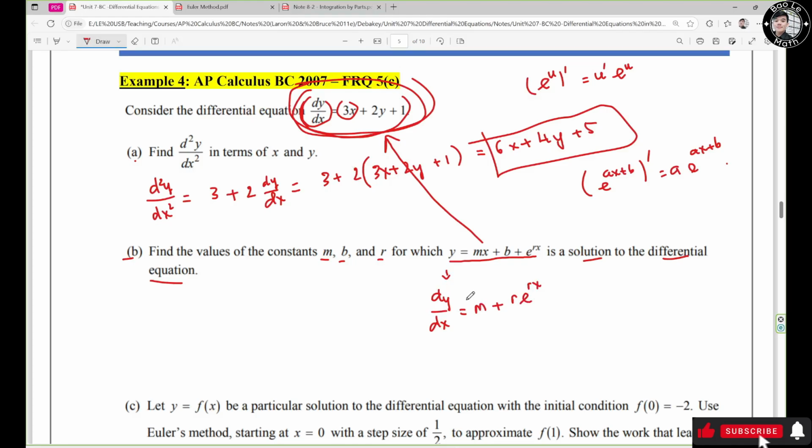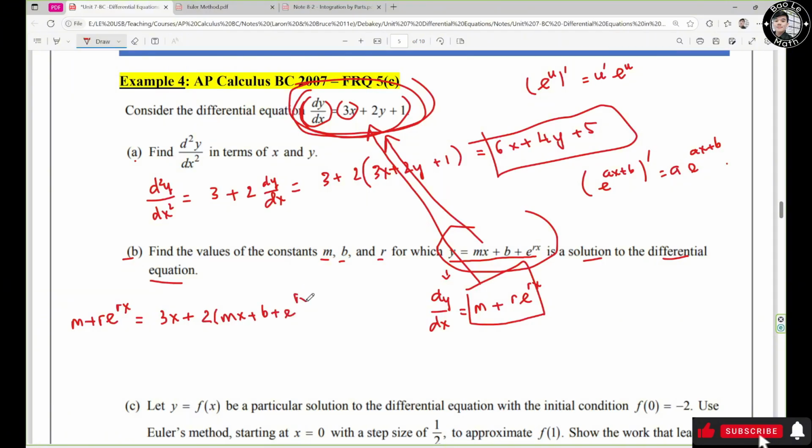Now I substitute m plus r times e raised to the rs for dy over ds back into this equation. So I have m plus r times e raised to the rs equals 3s plus 2y, but y equals ms plus b plus e raised to the rs, plus 1.